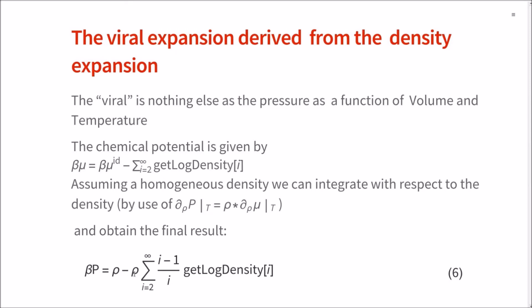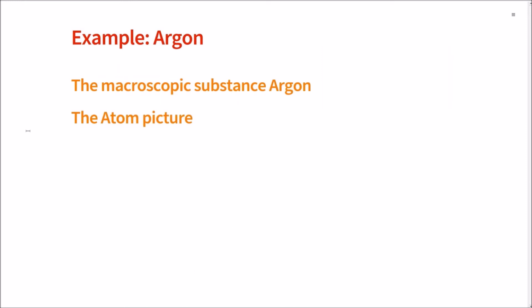So this is the density here, as the sum from 2 to infinity of this get log density with this prefactor here. So with this we have solved this problem. We only need to calculate now the integrals, which can become troublesome if we go to higher order. But the lowest orders can be done easily, and we see how it will perform for argon.